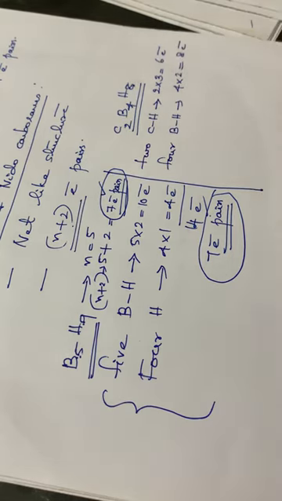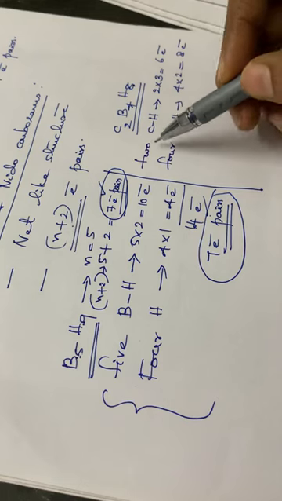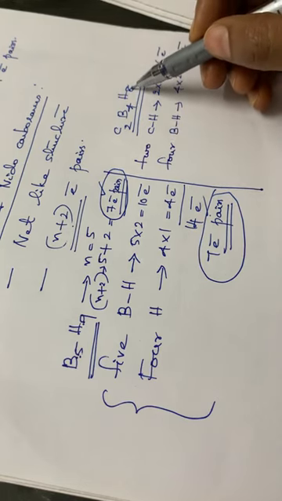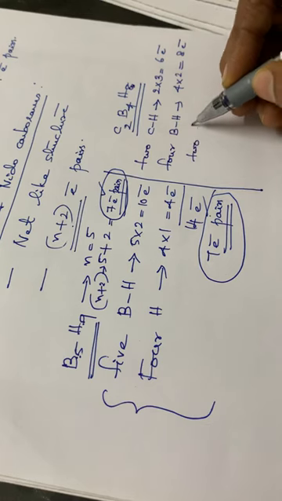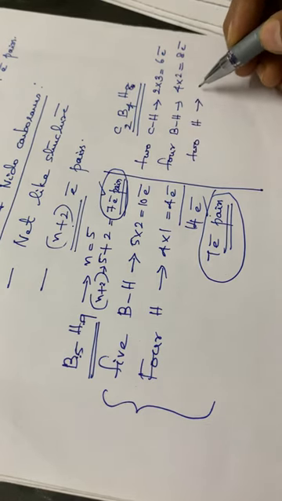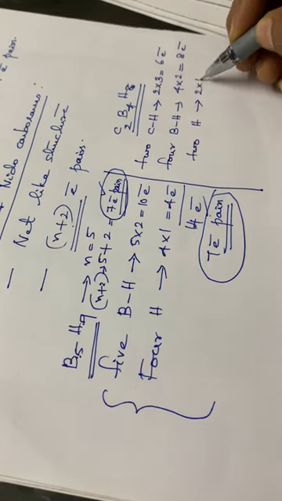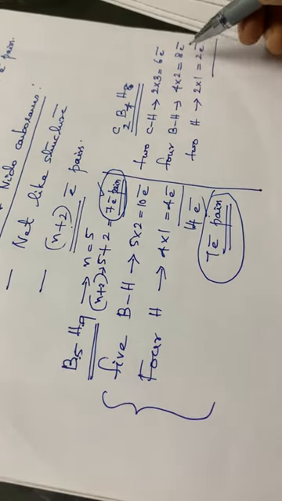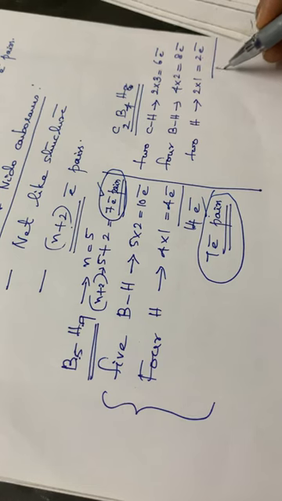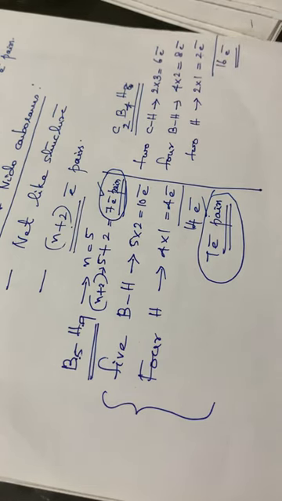Then how many hydrogens remain? In total 4 plus 2, 6 hydrogens had gone. So the remaining 2 hydrogens are there, isn't it? Each hydrogen will be donating 1 electron. So 2 into 1, that is equal to 2 electrons. So in total 6 plus 8 plus 2, that is 16 electrons, isn't it? 16 electrons.